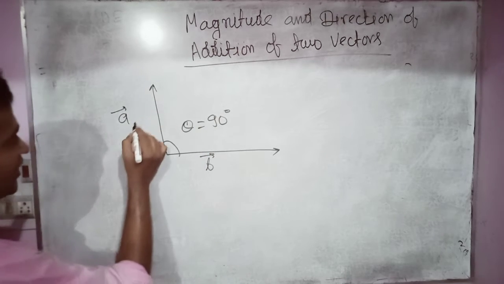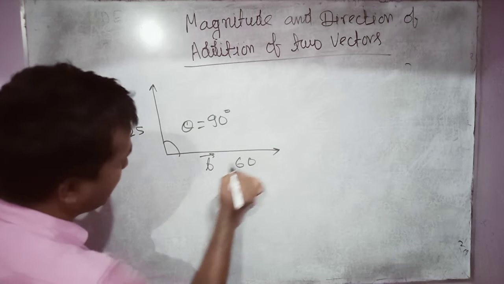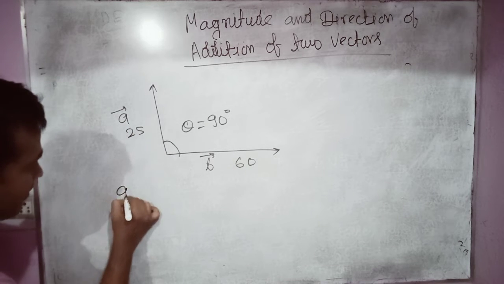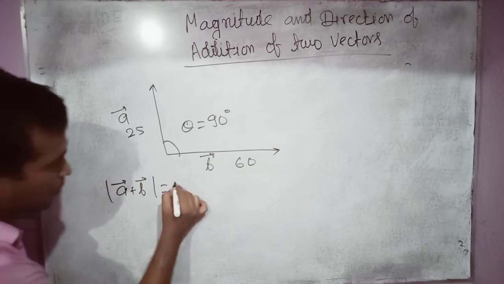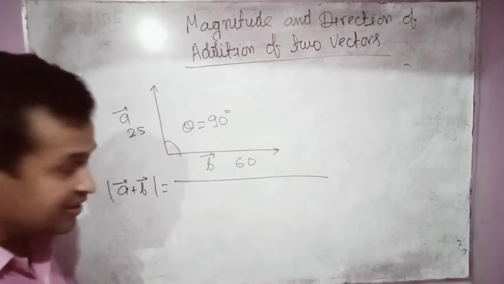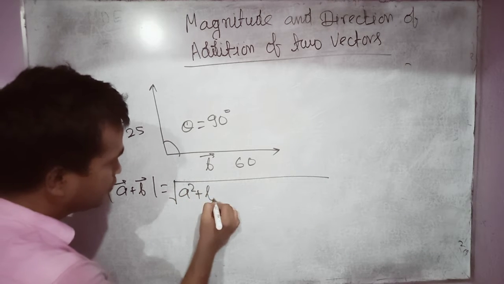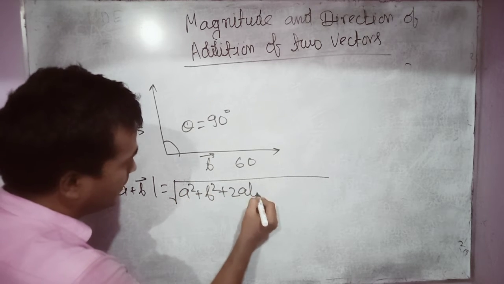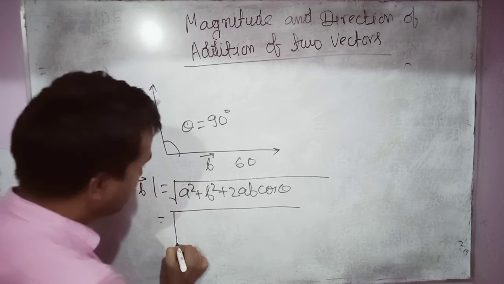Let the magnitude of vector A be 25 and the magnitude of vector B be 60. Then what is the magnitude of vector A plus B? So we will apply the formula we recently derived, that is the square root of A square plus B square plus 2AB cos theta.